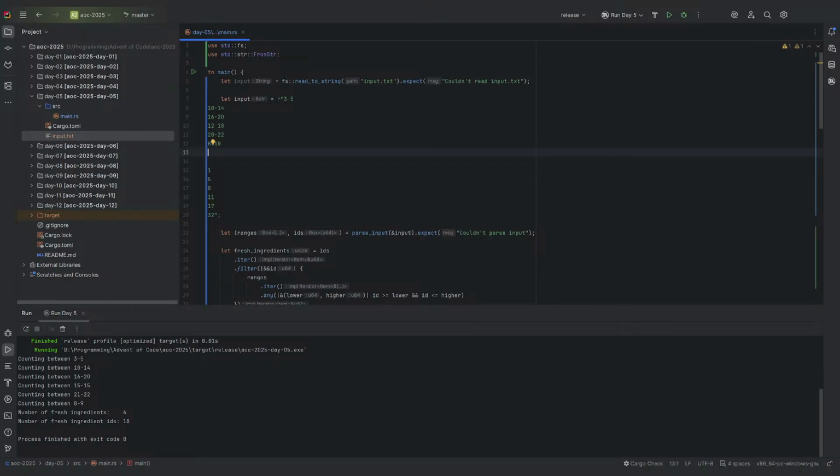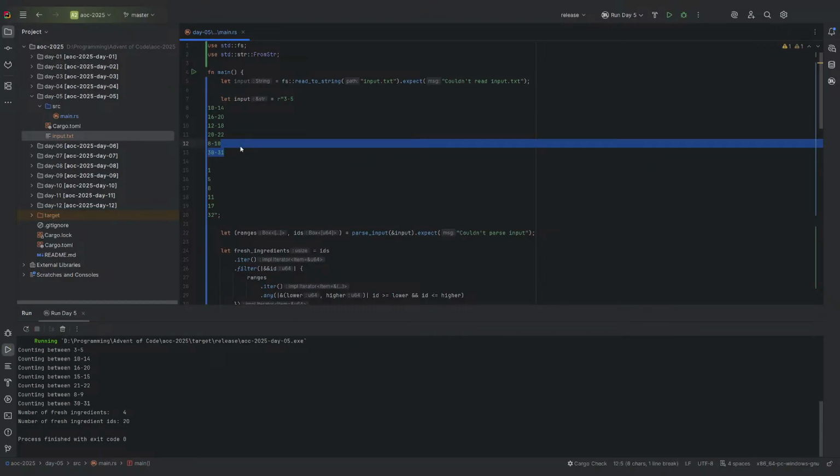What if I then go from 9 to 11? None of this should be counted. It's not counting any of it. Let's say just go completely disjointed from 30 to 31. That still works. It's completely disjointed.